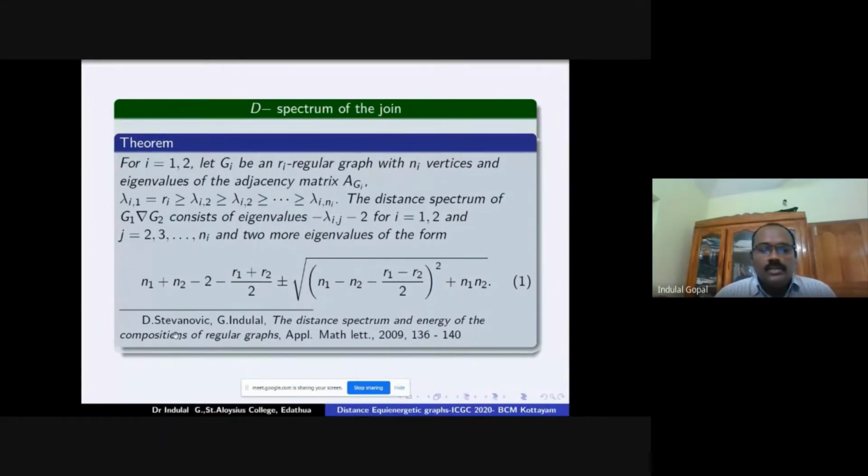This was published in Applied Mathematics Letters, distance spectrum and energy of the composition of regular graphs, with Stevanovic and myself. If G_i is an r_i-regular graph with n_i vertices and the eigenvalues of the adjacency matrix are lambda_i1, which is the regularity, lambda_i2, etc., lambda_in_i, then the distance spectrum of G1 join G2 consists of these eigenvalues, minus lambda_ij minus 2, and these two numbers.